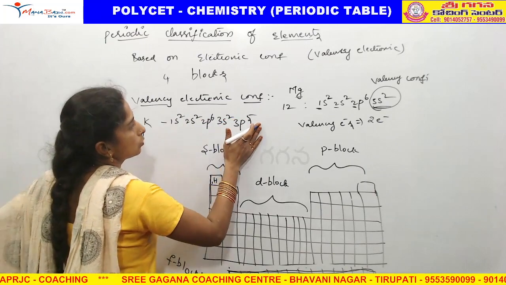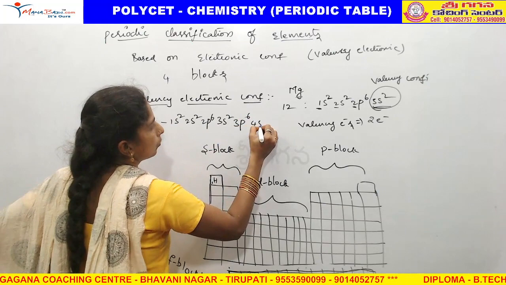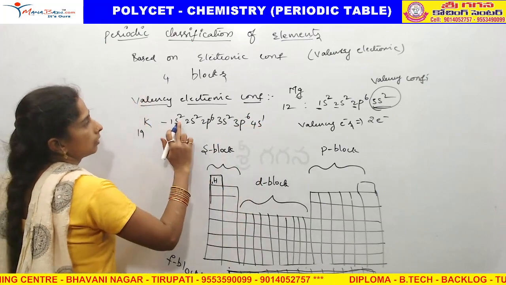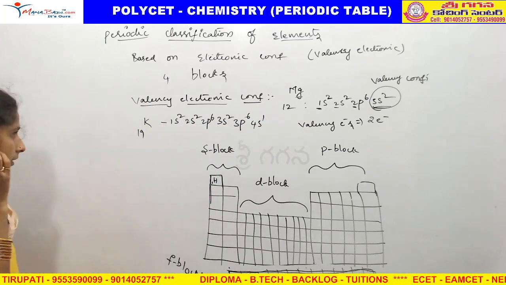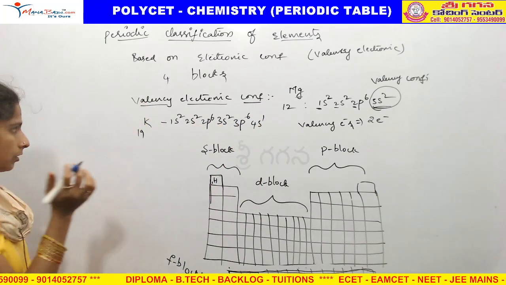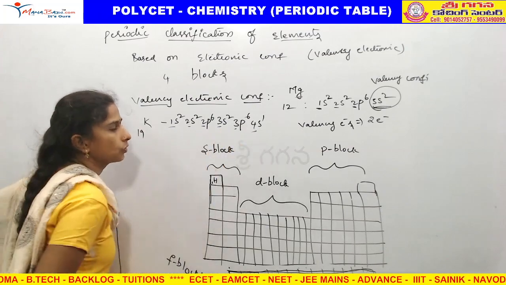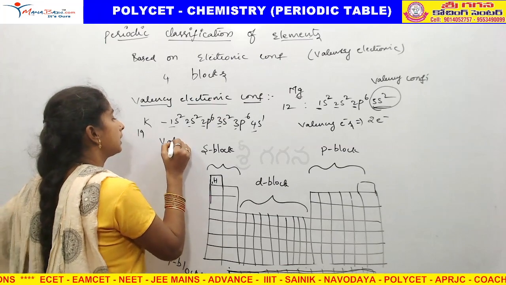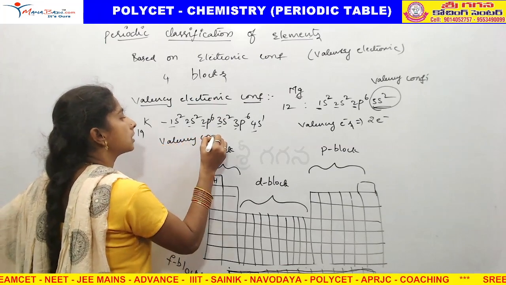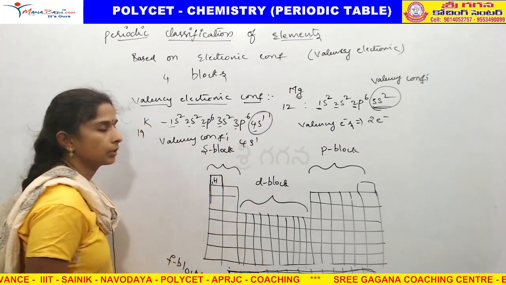No, 3s2, 3p6, 4s1. Right, that makes 19. Now, what is the valency shell? First shell, second shell, third shell. This is the fourth shell. Fourth shell is the valency shell. Now, what is the valency configuration? This one, 4s1, is the valency configuration.